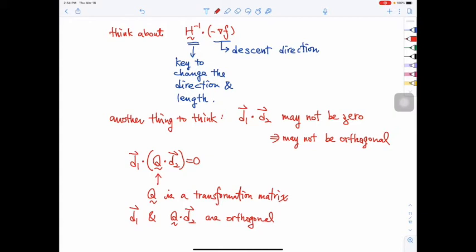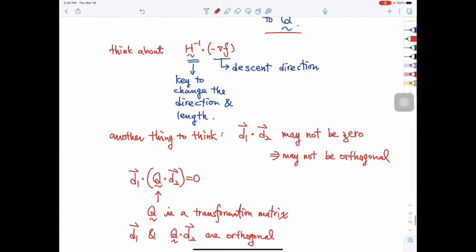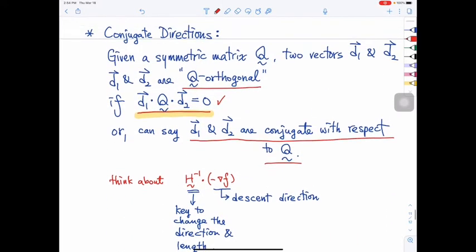Okay, and this idea is very important for conjugate gradient. Because over here, sorry, I move up and down. We want to find two vectors. They are Q orthogonal for conjugate gradient method. So they are not regular orthogonal. They are Q orthogonal. Okay, so that's the key.